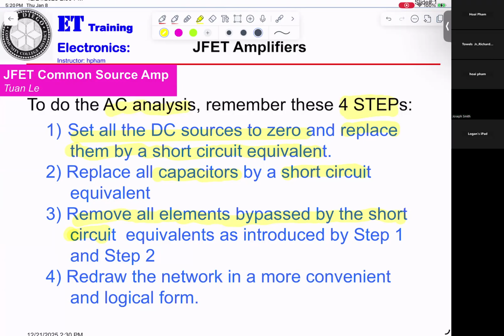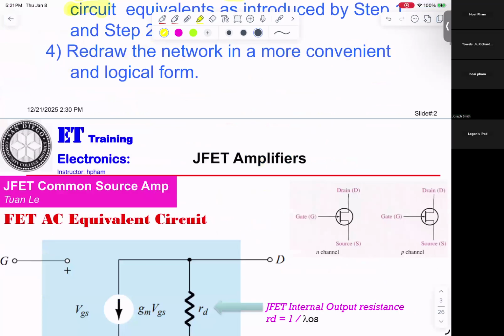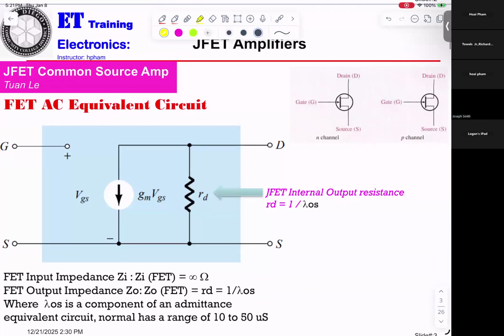So if you already went through the bipolar, this will be the same thing. Now, you can see this is the AC. This is the gate, this is the source, and this is the drain.